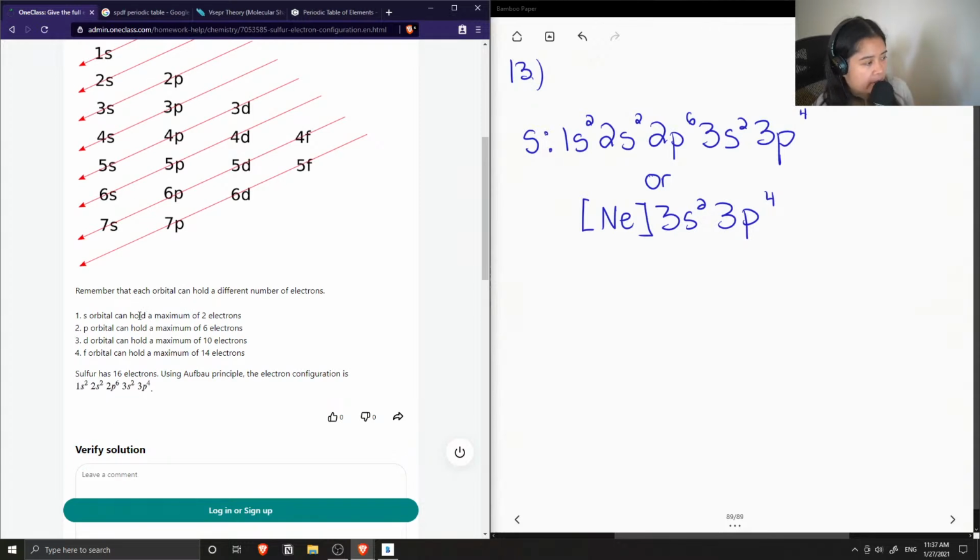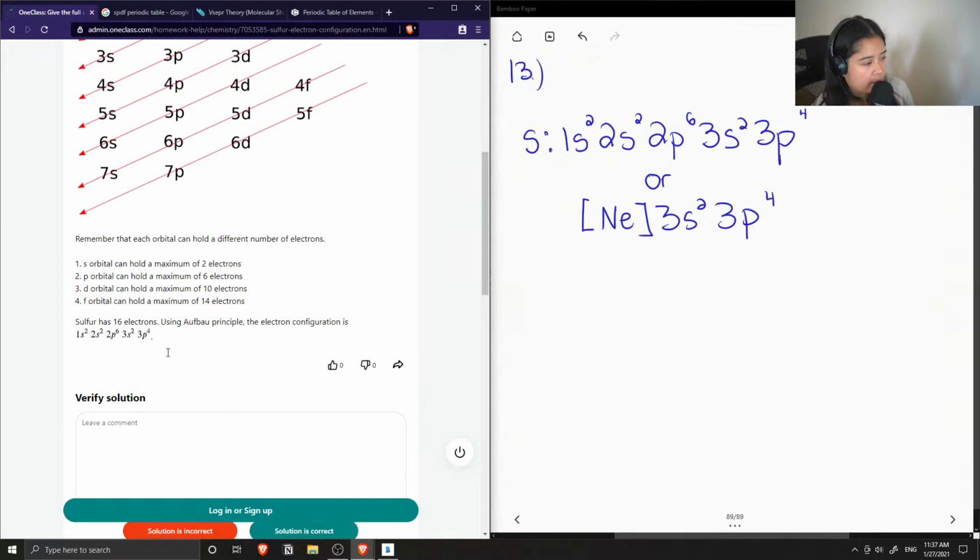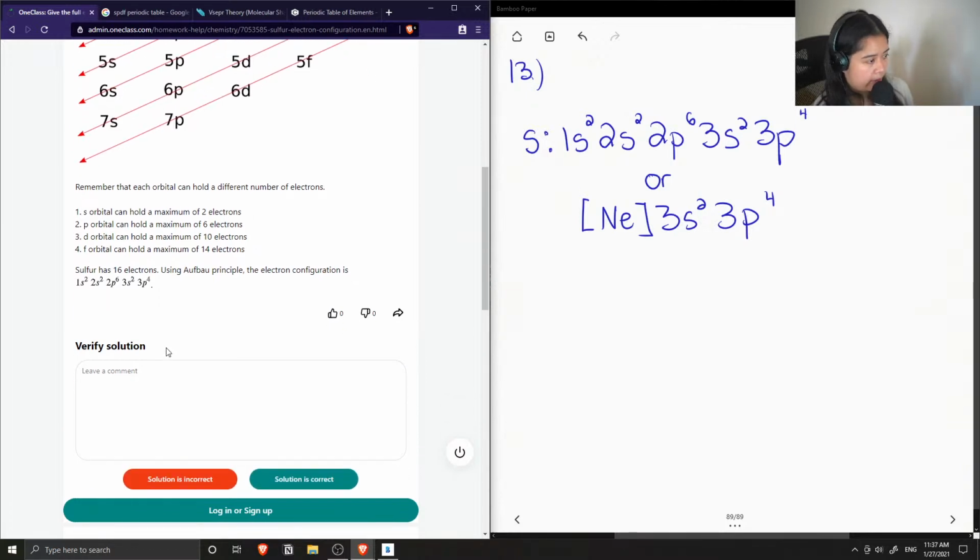The s orbital can hold a max of 2, the p can hold a max of 6, the d orbital can hold a max of 10, and the f orbital can hold a max of 14. And then they found the electron configuration to also be 1s2, 2s2, 2p6, 3s2, 3p4. So this solution is correct.